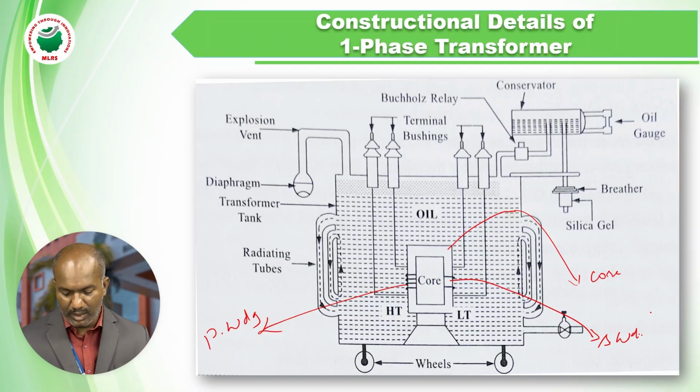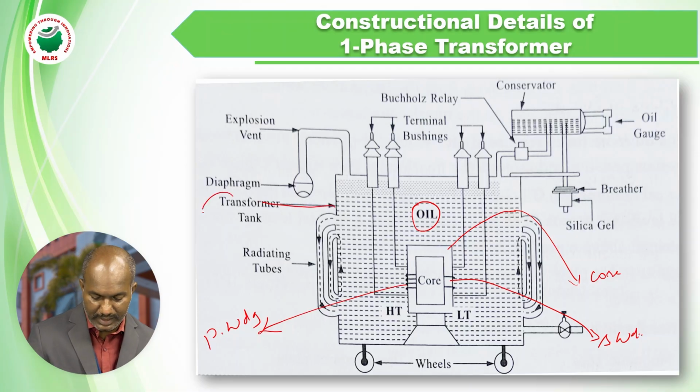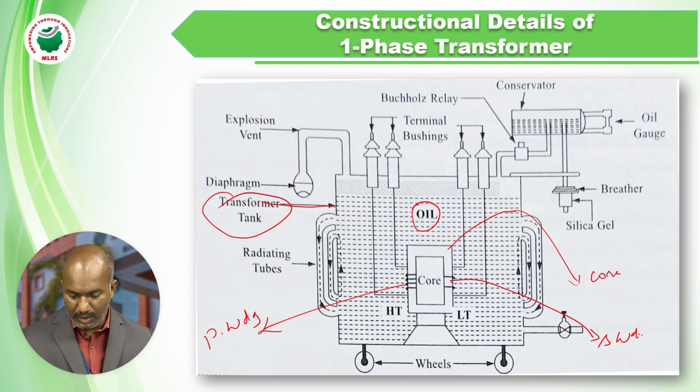Now this is immersed in oil. Generally this transformer is placed in a transformer tank. Here it is, the middle one, this is the transformer. Now it is placed in the transformer tank, which contains some oil. So the core part of the transformer is immersed in oil for cooling purposes.